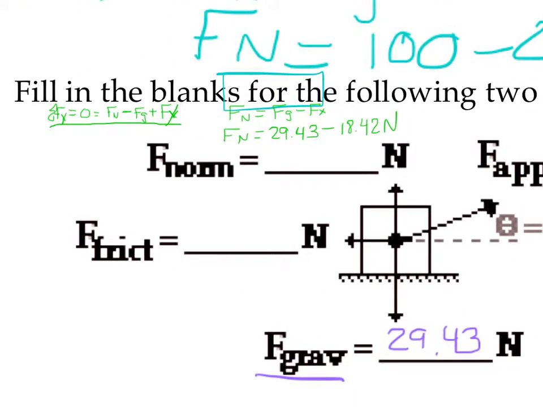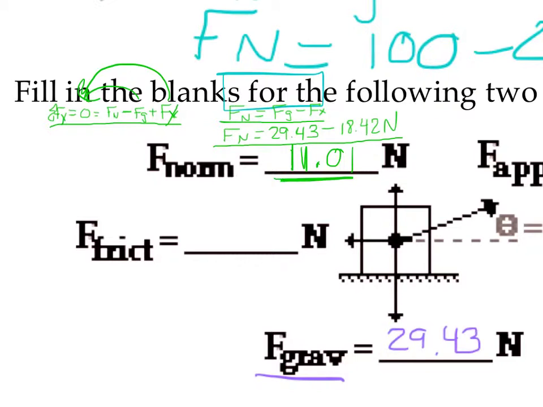So if we move the force of gravity over and move the y component over, we find that the normal force has to equal the force of gravity minus the y component. So the normal force equals 29.43 minus 18.42, which gives us 11.01 newtons.